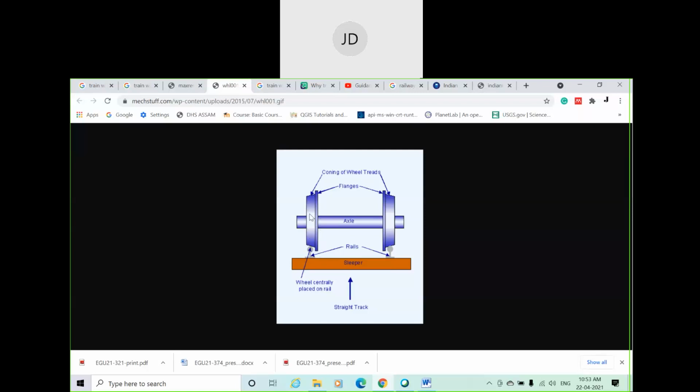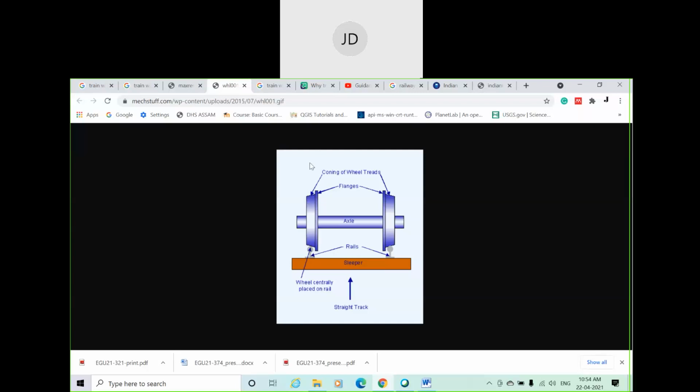This is the tread part, and the tread is directly placed over the rail. This is the rail, and the center of gravity of the wheel comes directly on the rail. This angle makes the cone. It's called coning of the wheel.